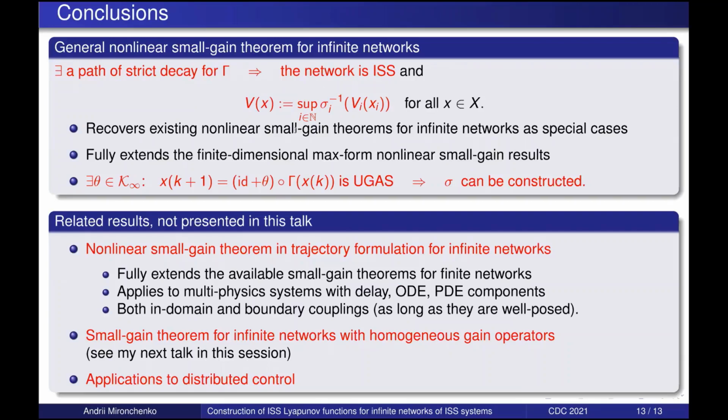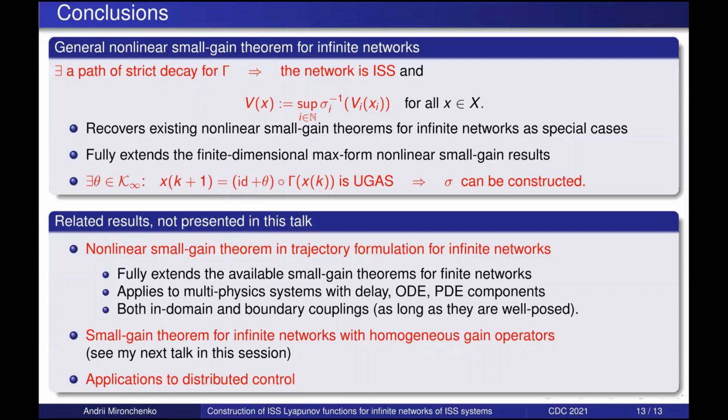This result covers available nonlinear small gain theorems for infinite networks as special cases, and it gives also a natural extension of the known small gain results for finite networks. Furthermore, if the scaled gain operator induces a UGAS discrete-time system, then we can construct explicitly the path of strict decay for this gain operator, and then we can construct the Lyapunov function fully explicitly for our infinite network.